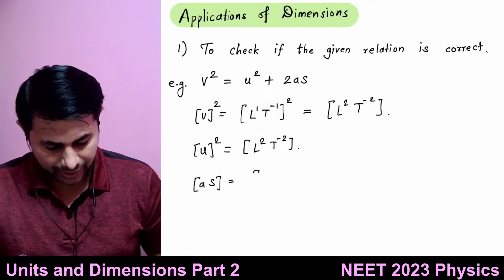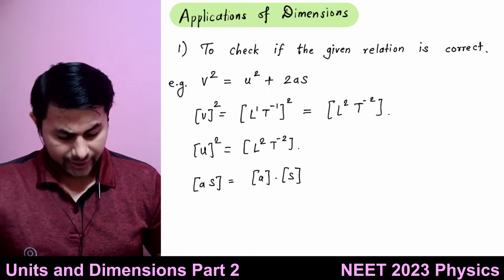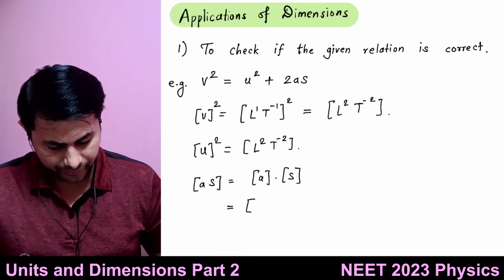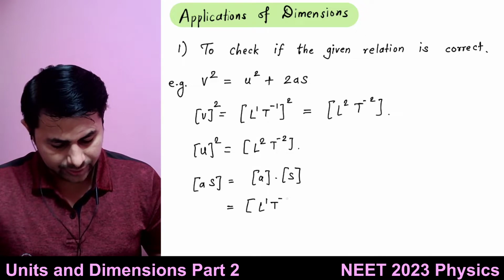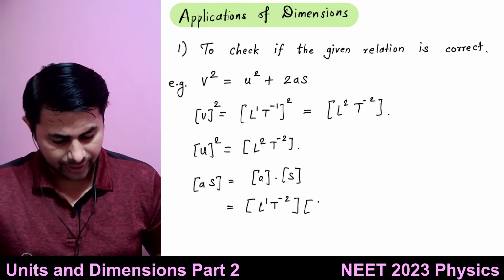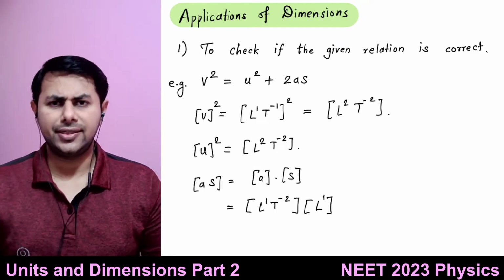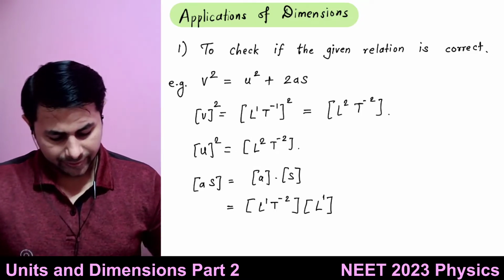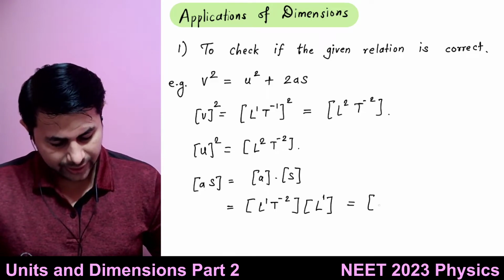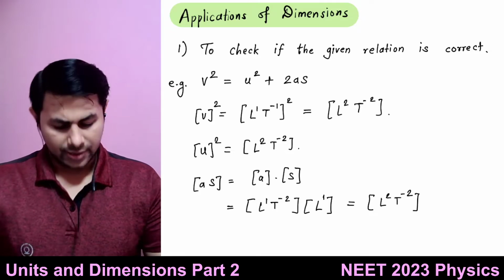So it is equal to dimensions of a multiplied by dimensions of s, and that's equal to what? L T to the power minus 2 multiplied by L raised to 1. Okay, s is displacement, right? So the dimensions are L2 T raised to minus 2, right?